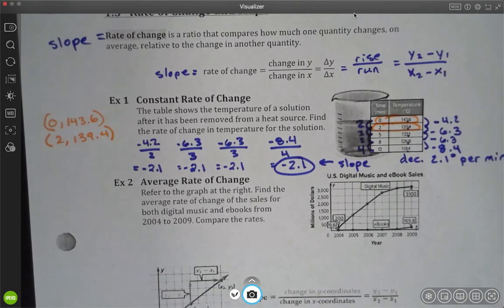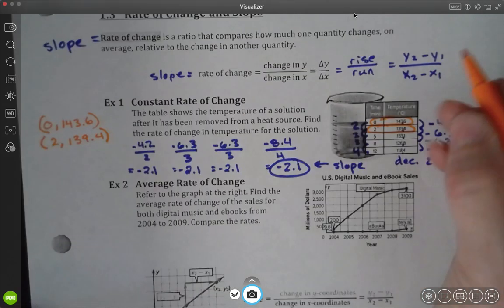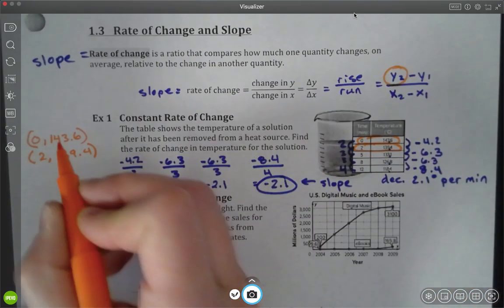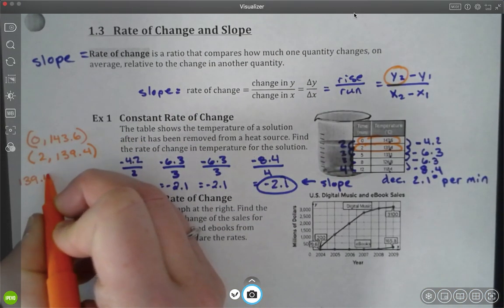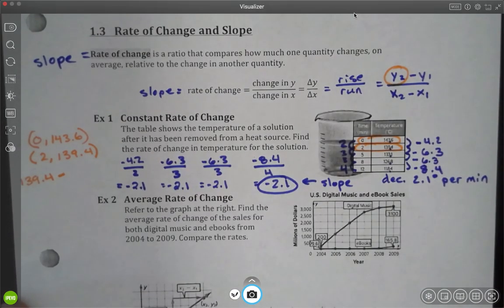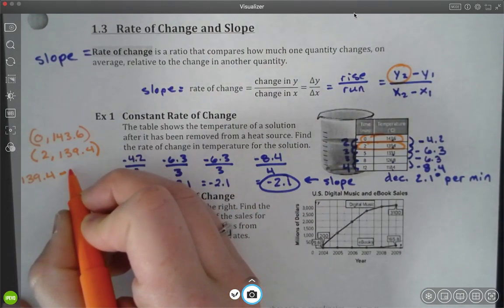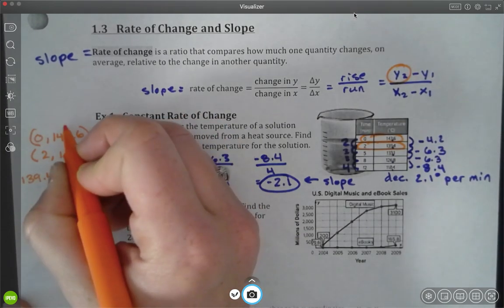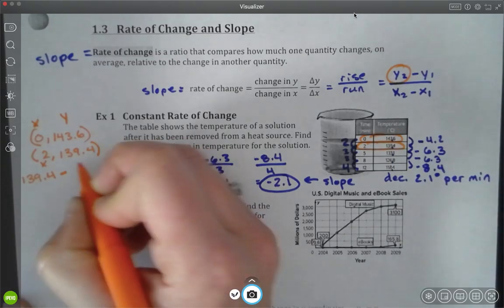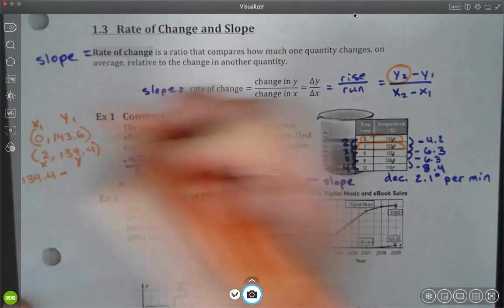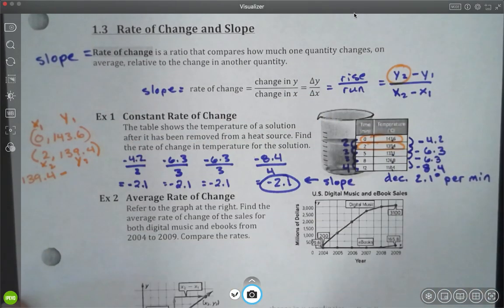Okay, all right, so what's the y2 part? The second y. 139.4 minus the first y. That's the first x. This is like x and y, right? This is the first x and the first y, and this is the second x and the second y. Does that make sense?